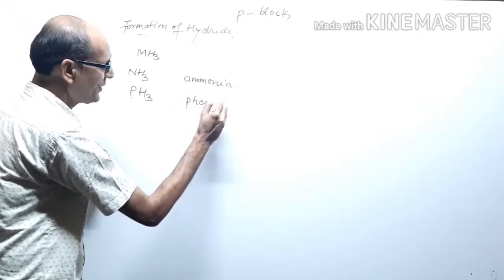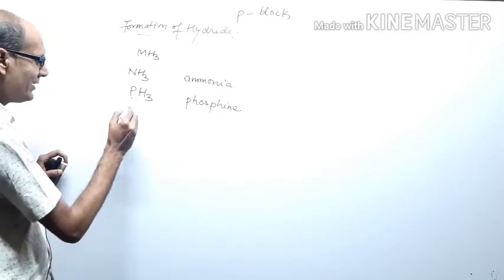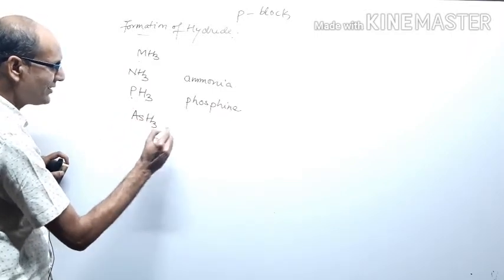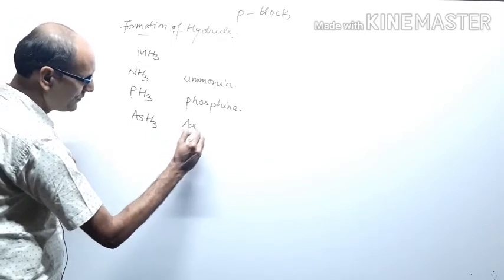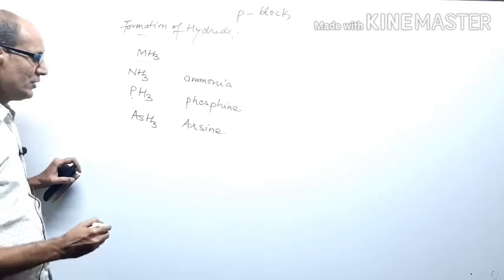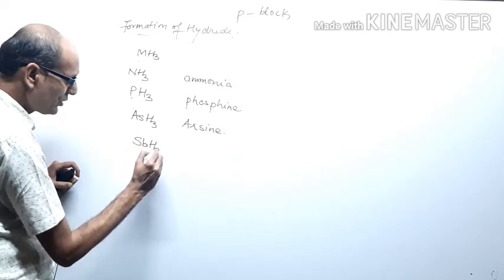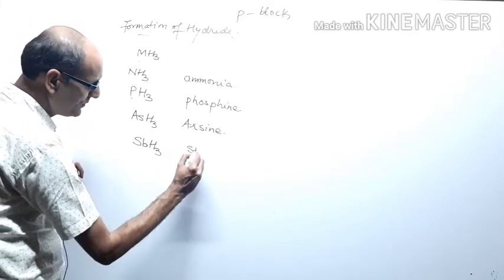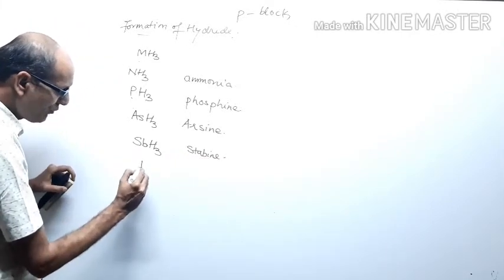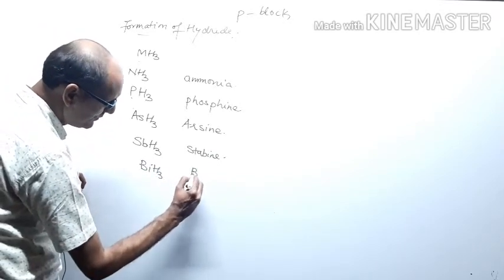Then arsenic forms AsH3, arsine. Antimony forms SbH3, stibine. And bismuth forms BiH3, bismuthine.